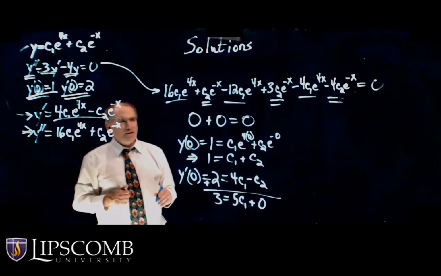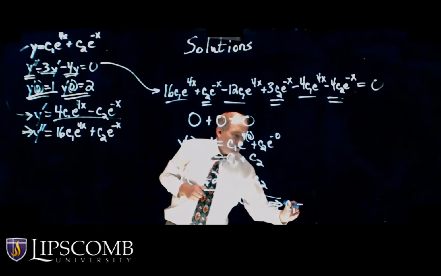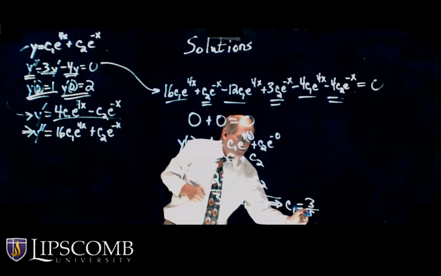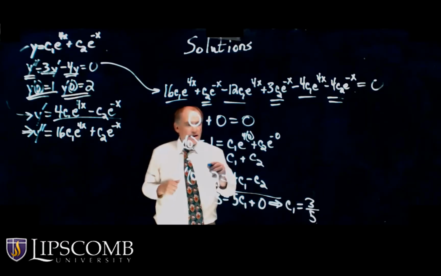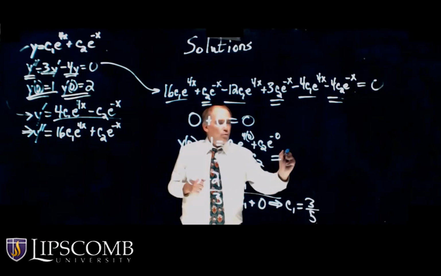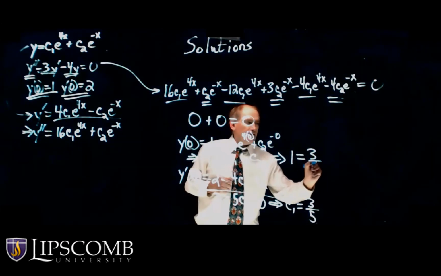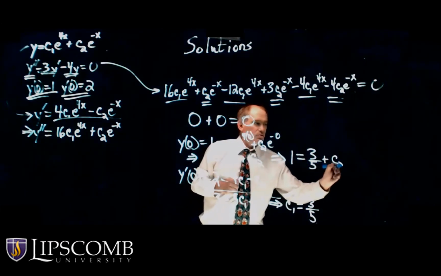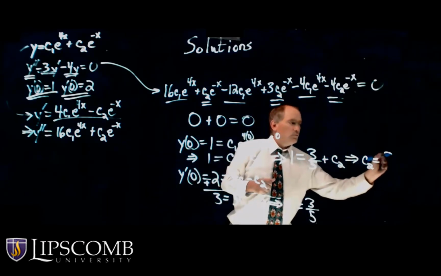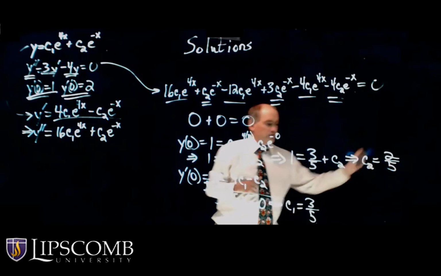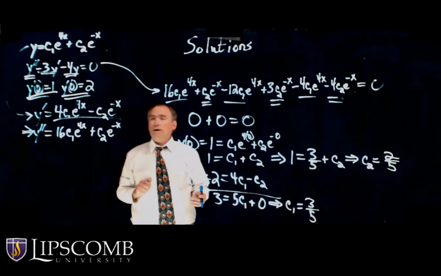So what do I end up with? I end up with C1 equals 3/5. Once I have that, I'm going to use this: 1 equals 3/5 plus C2. So C2 is equal to 2/5, because 2/5 plus 3/5 is 5/5, which is 1.